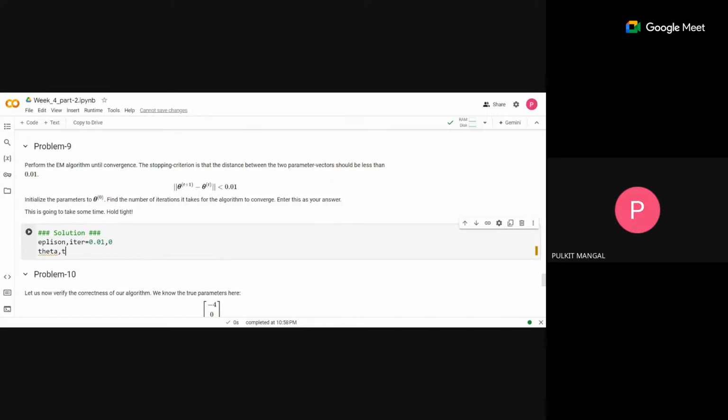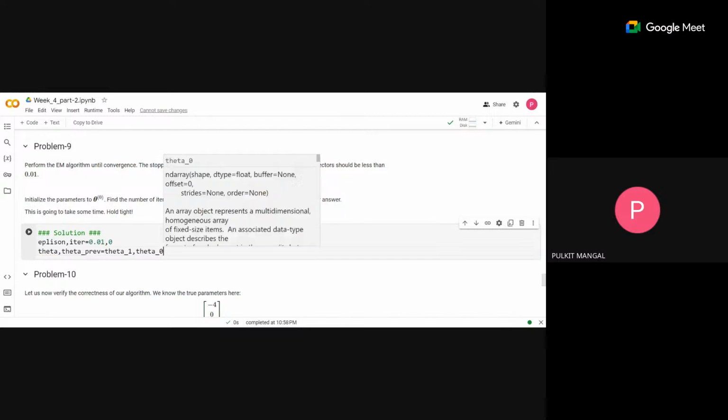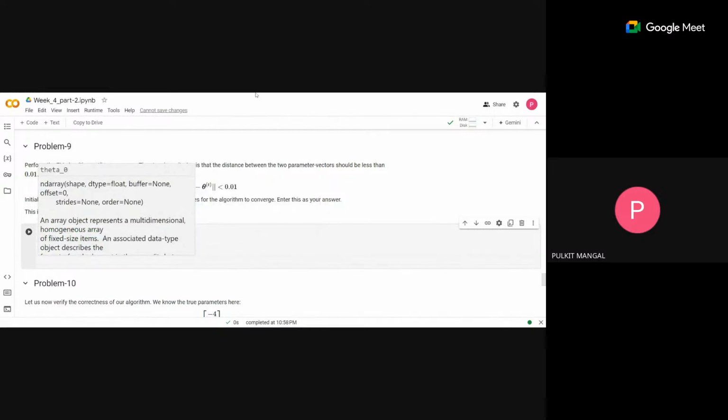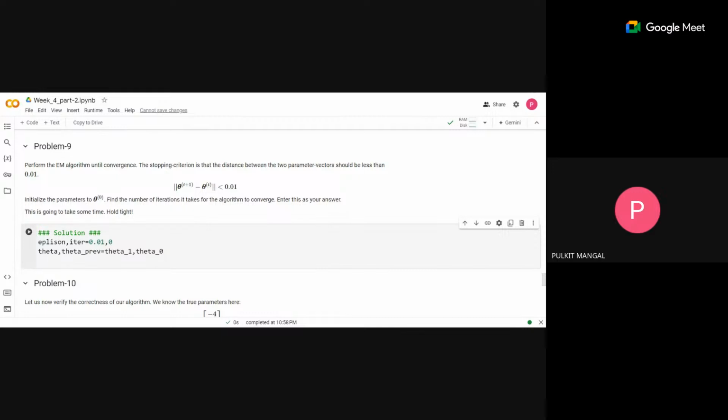The reason I am using this is because every time we will calculate the distance between this updated theta and the previous theta.